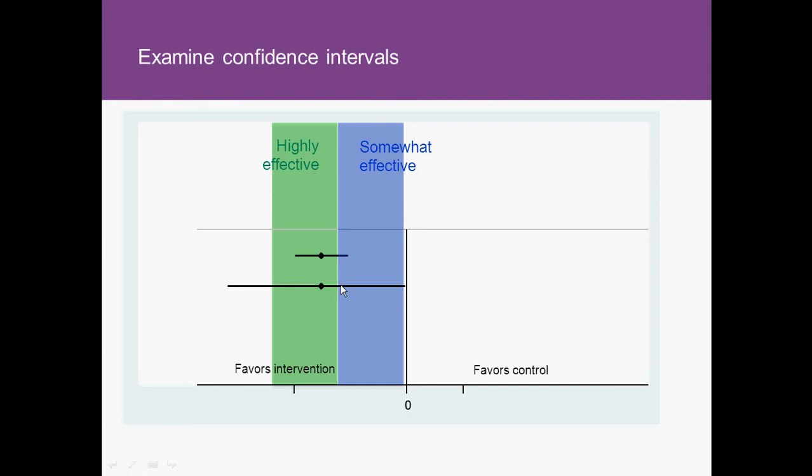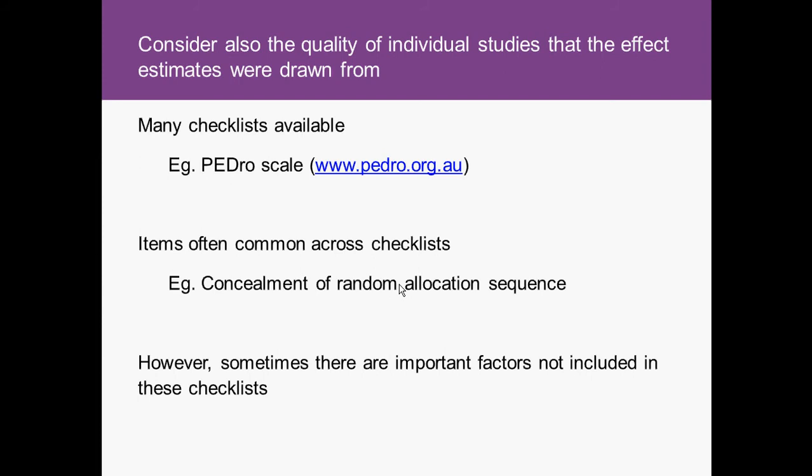This is because the 95% confidence intervals extend well into the somewhat effective zone. So you may only be somewhat confident that your classification of this second intervention as being highly effective is correct.